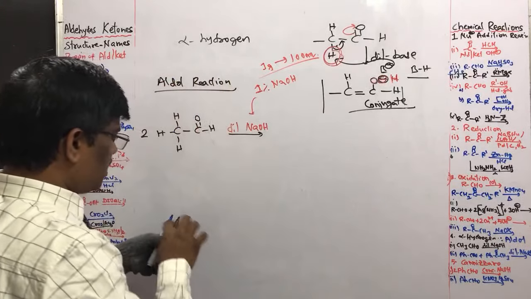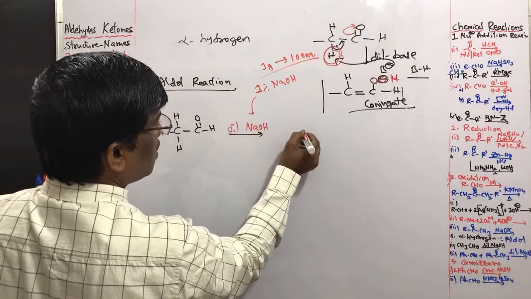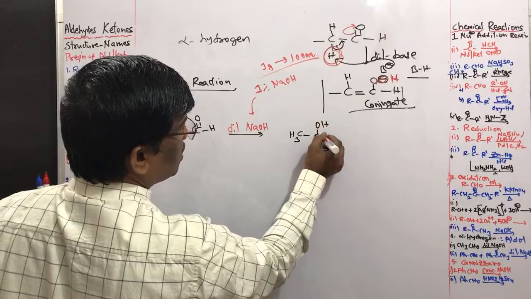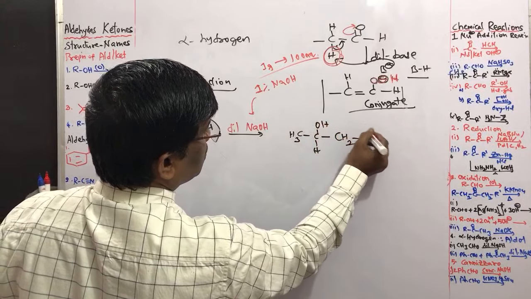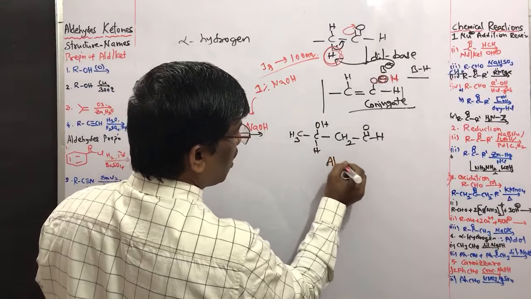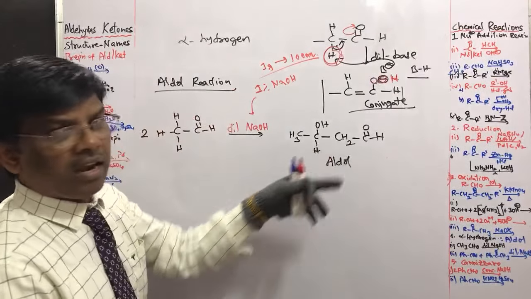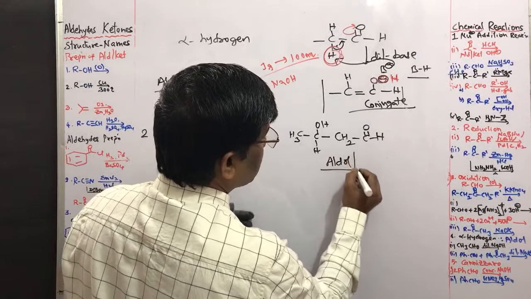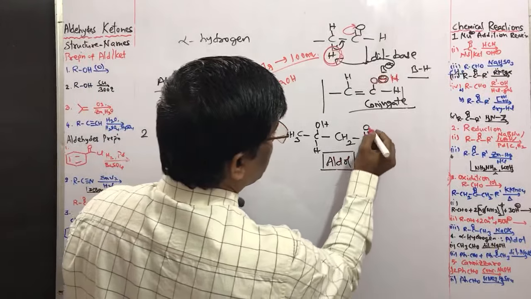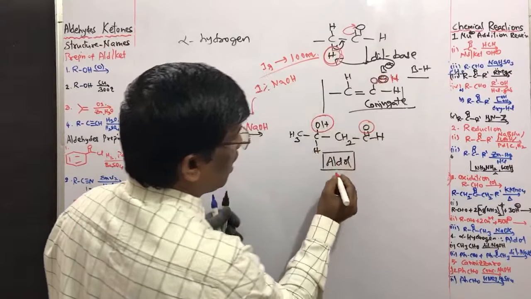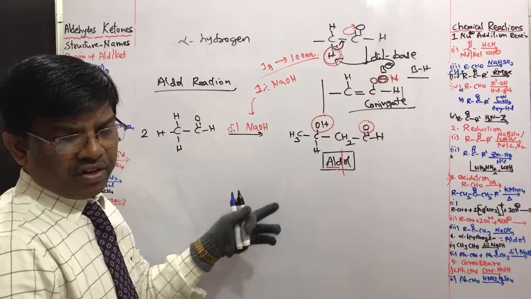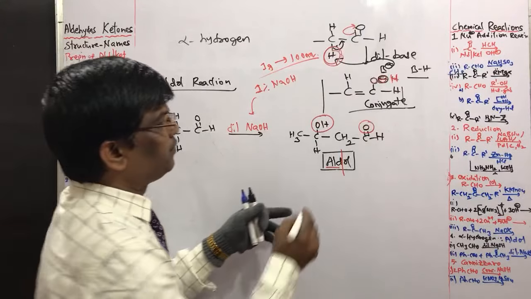With dilute NaOH, I get CH3CH(OH)CH2CHO. This is the aldol product. Aldol is not the name of any scientist. It is a reaction where we get an aldehyde and an alcohol, that is why aldol: aldehyde and alcohol. So it is the aldol reaction.